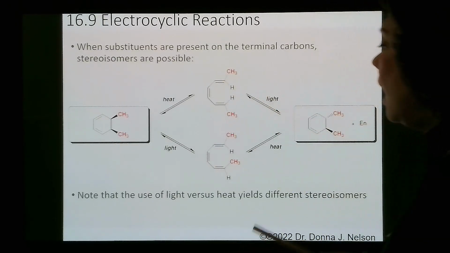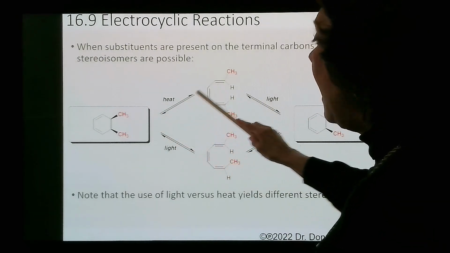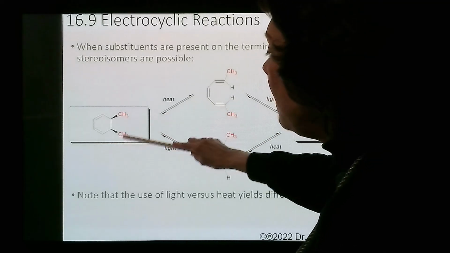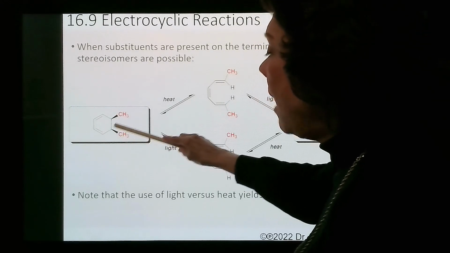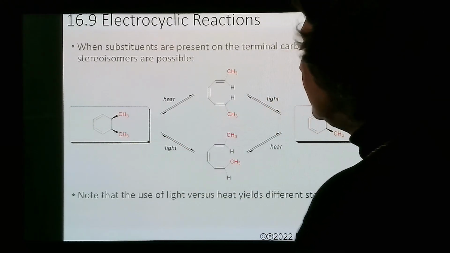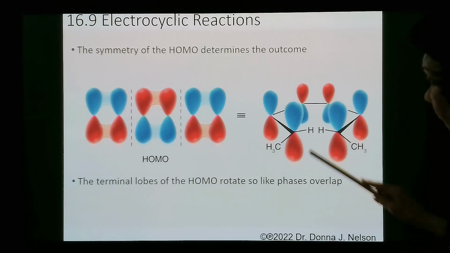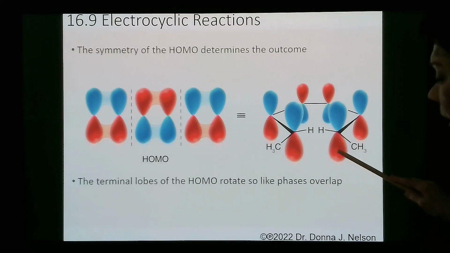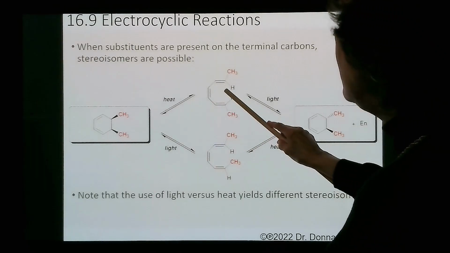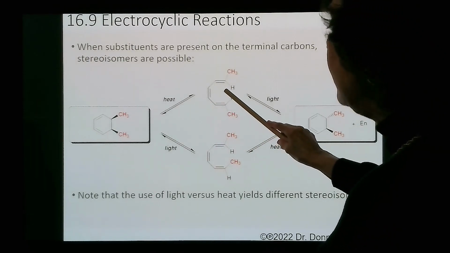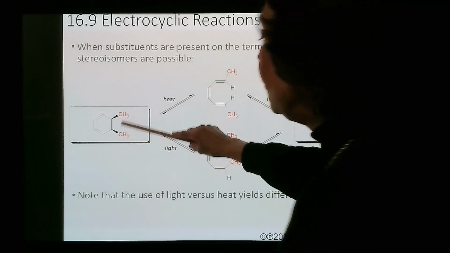And so when it reacts to give you a closed ring by heat, the 2 methyls are going to be on the same side again. So this molecule will be the product of the reaction here, of those 2 red lobes overlapping. Notice that when the reaction is catalyzed by heat, you wind up with the cis product.